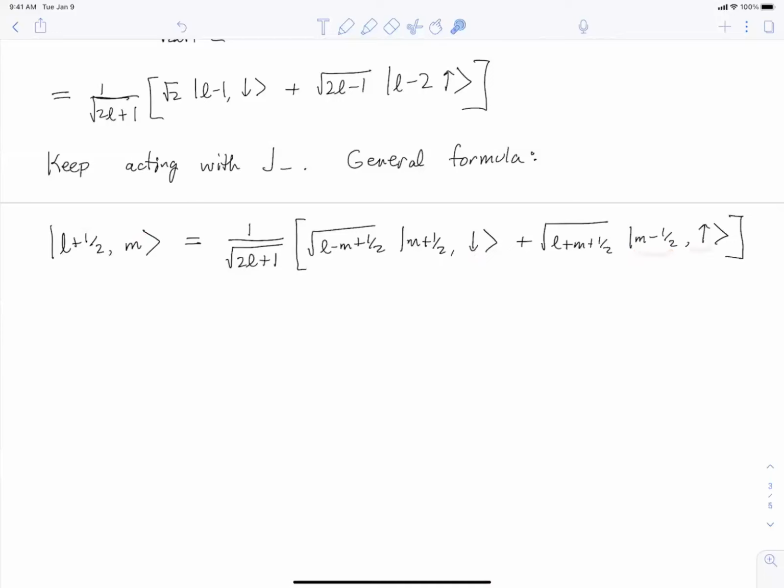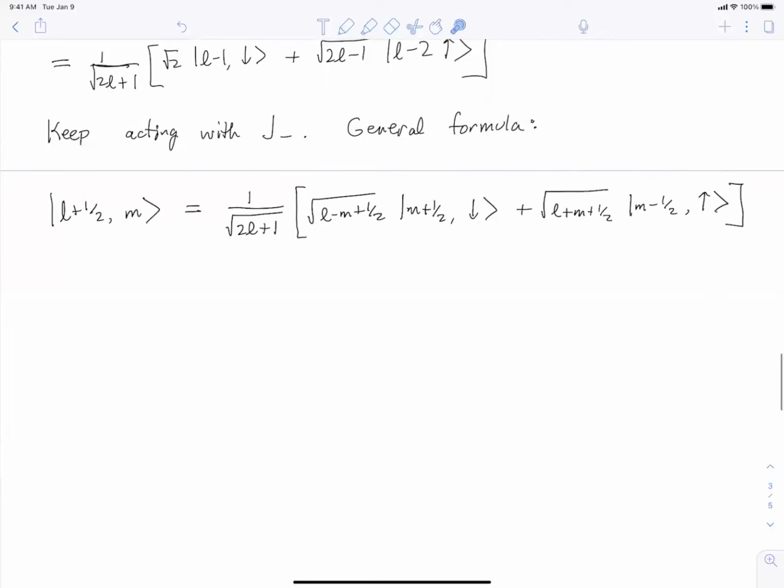There are no other combinations that can possibly work because all we have to work with is up arrow and down arrow. So it sort of had to be a linear combination of this form. And then what we've done is we've done the hard work of figuring out what the coefficients are that go in front of those two possible terms. But there couldn't have been anything else.